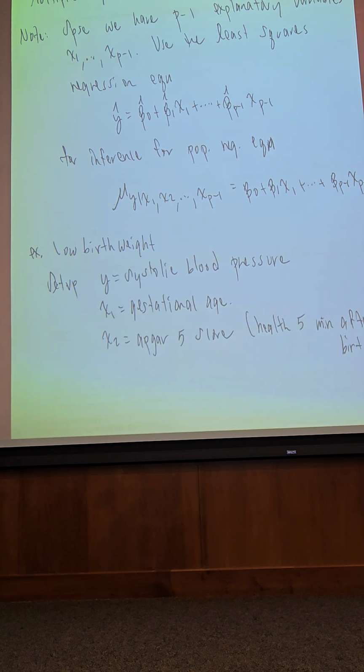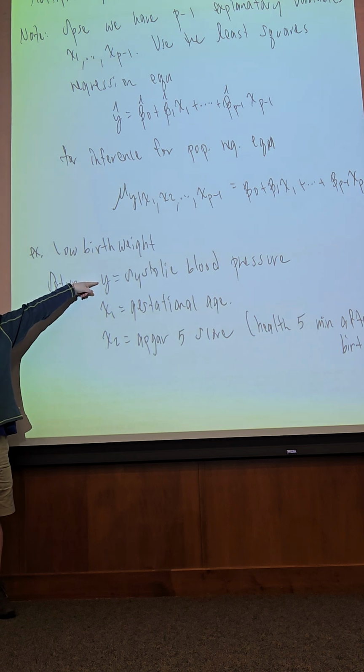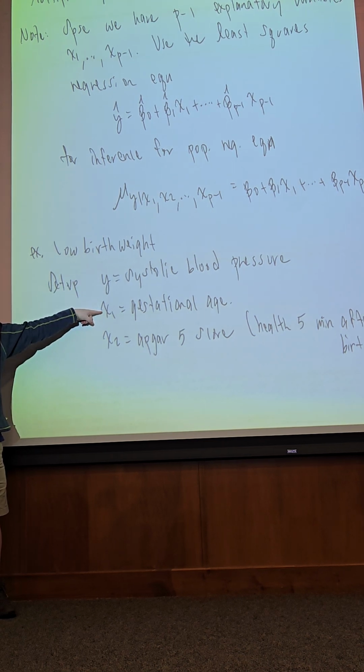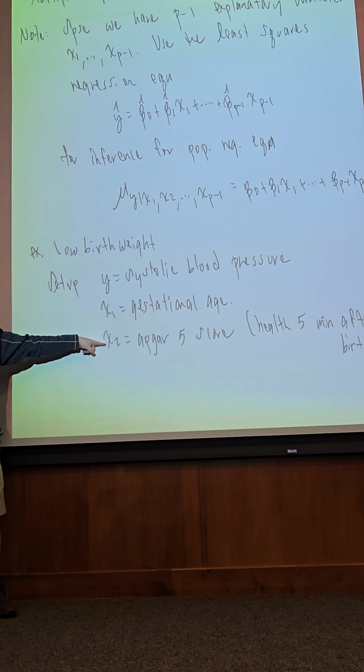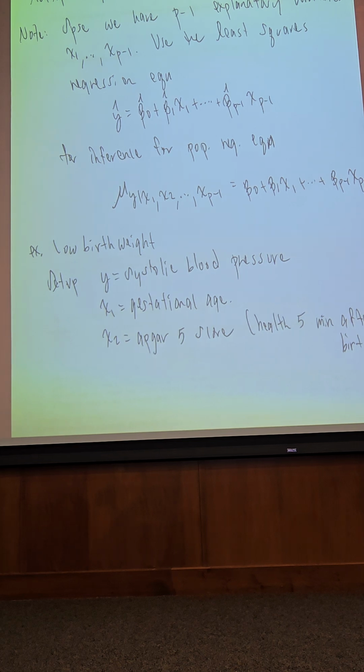So the goal is to describe the systolic blood pressure of these newly born infants by the gestational age of the infant and by the so-called Apgar 5 score. The Apgar 5 score, have you guys heard of this before? A few of you, yeah.